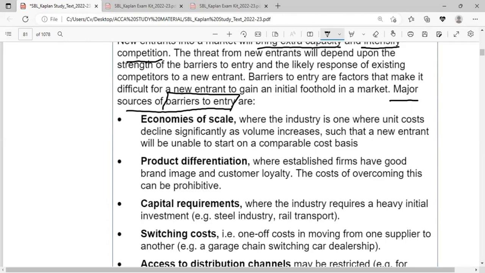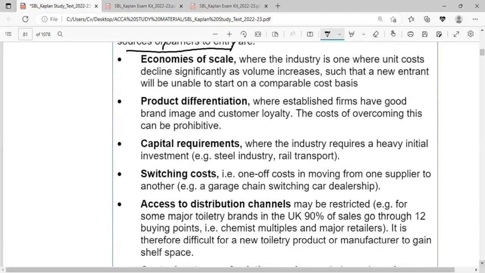First one is economies of scale. Economies of scale means lowest possible cost or reduction in the average production cost per unit. So if existing sellers or existing companies have achieved this economies of scale, or they are able to produce each unit at the lowest possible cost, it will help them to maintain their position in the market, and it will create barriers to the new entrants.